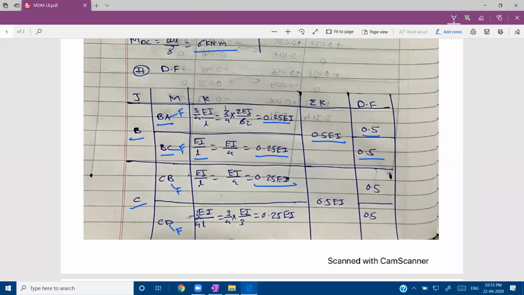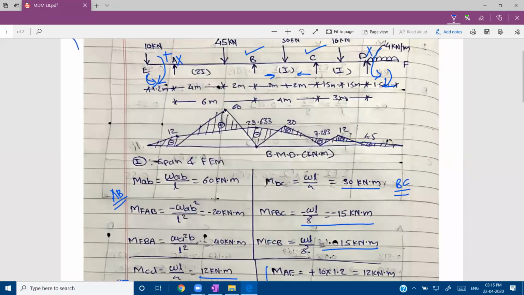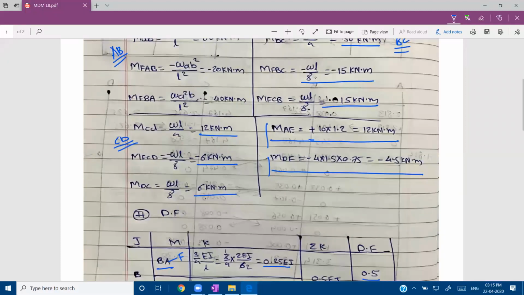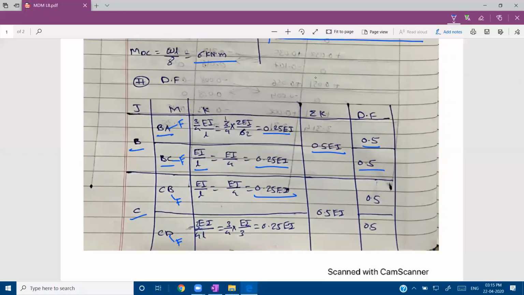Now in case of CD, D is far support, and D is an end simple support. Though there is an overhanging span beyond point D, it is an end support, which is of simple type, therefore this K value for CD is going to be 3/4 of EI by L. So 3/4 EI is given as 3, 3 will get cancelled, 1/4 is equal to 0.25 EI.